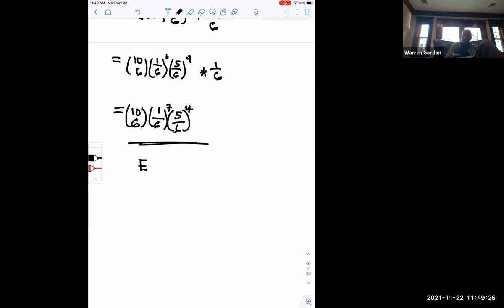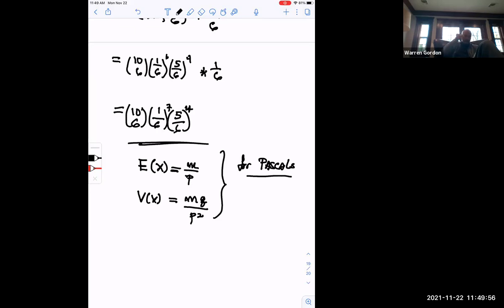Maybe I'll do this the next time because I'm running out of time. E of x will turn out to be m over p. In this case, m of 7. And one can show V of x is, I'll do this the next time, m cubed over p squared. Pascal. Don't worry about this now. I need to derive this. I don't have enough time to do that today.